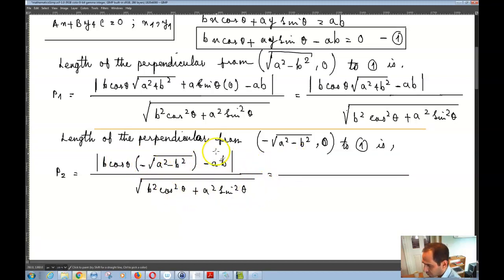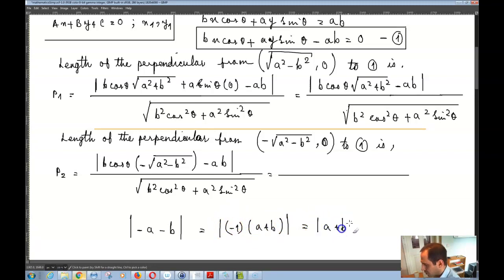For example, if you have negative a minus b, the absolute value of that, you can write it as the absolute value of negative 1 times a plus b, which is of course equal to the absolute value of a plus b, so you can take the negative one out and just not write it if you need to.